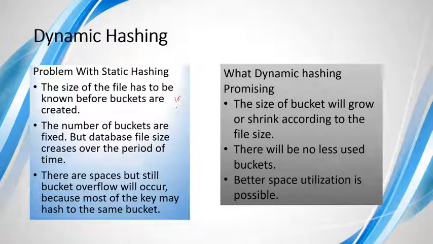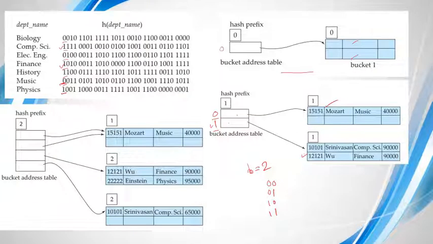So the indexing will range from 00, 01, 10, 11. Okay. In this picture we can see the physics. Now we have to consider the first 2 bits, the first 2 MSBs. In the previous case we were considering only the first bit.